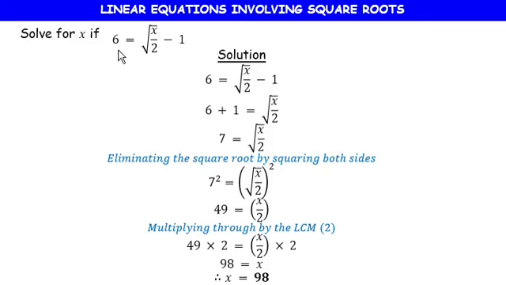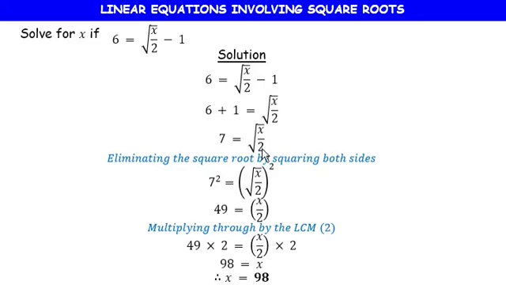So we have to solve 6 is equal to the square root of x all over 2 minus 1, right? Here we can decide to bring this negative 1 to the left side. So we're going to have 6 plus 1 is equal to the square root of x over 2. So here we have 7 is equal to the square root of x over 2.